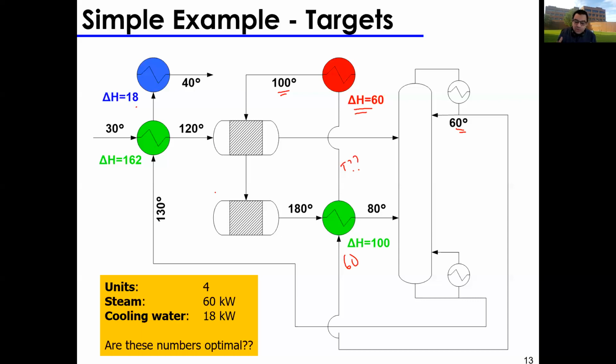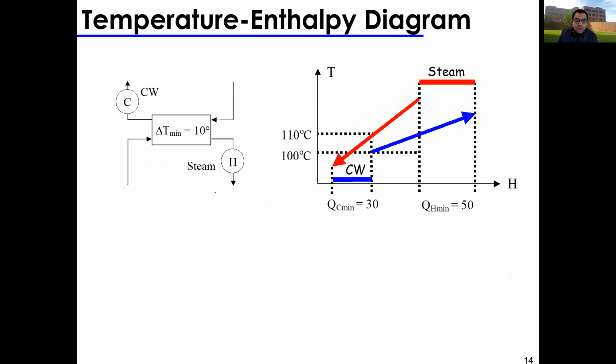Let's have a look. Let's try to formulate a way. In order to find out whether it's optimal or not, we need to build something called the temperature enthalpy diagram, okay? And we're going to talk about it in more detail in a second, but the idea is that I need to transfer all the information I have into a graphical diagram.